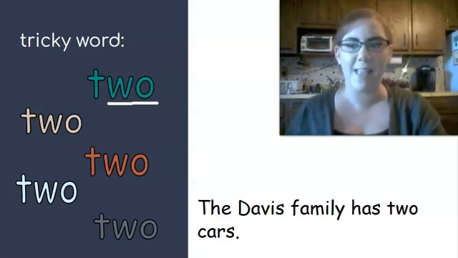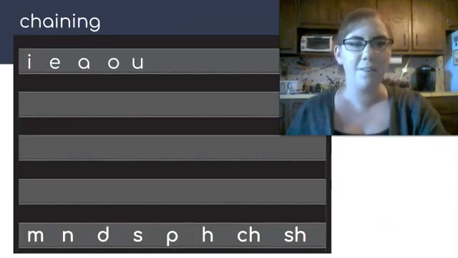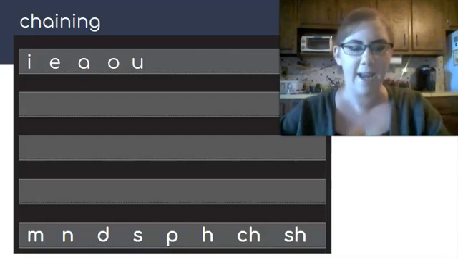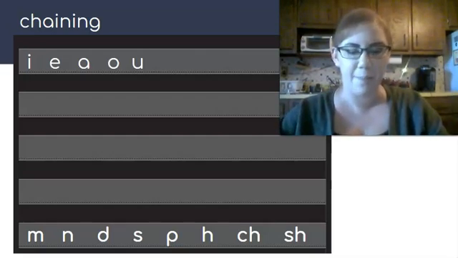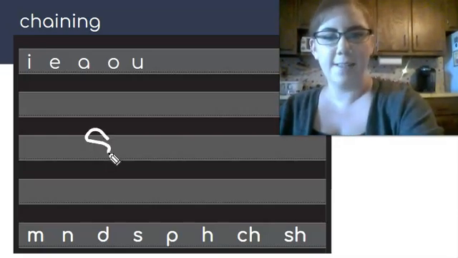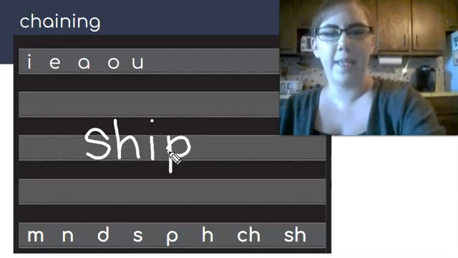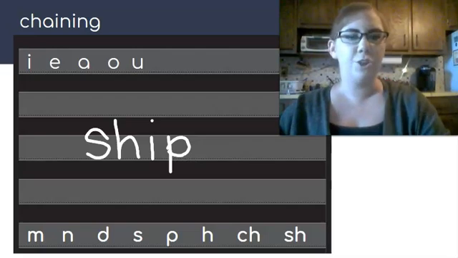Let's make some words and then we'll be all done for today. Here are the letters I've got to work with today, and I have our digraphs down at the bottom. I'm going to start with this word. S-H-I-P. Ship.